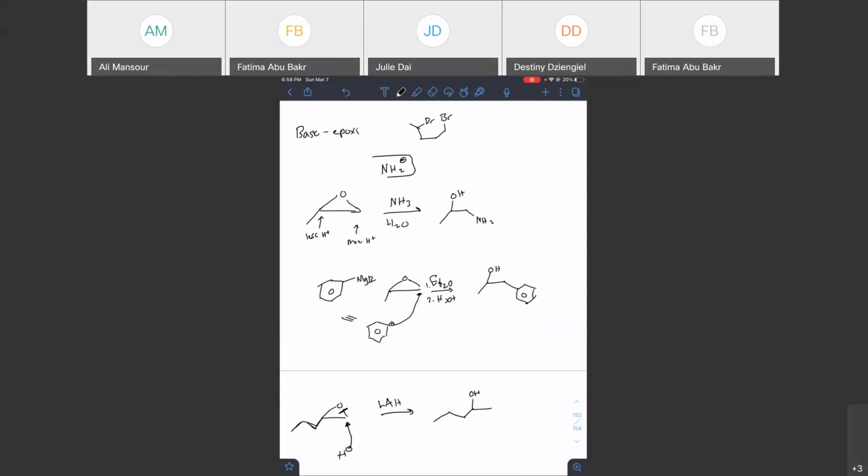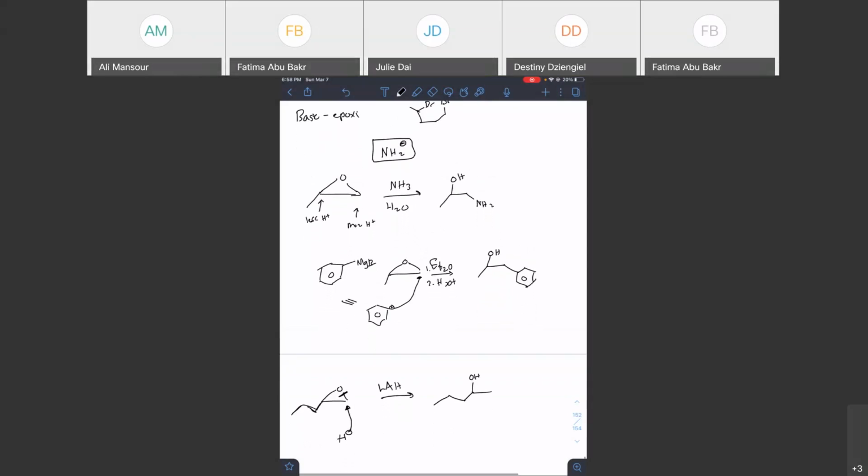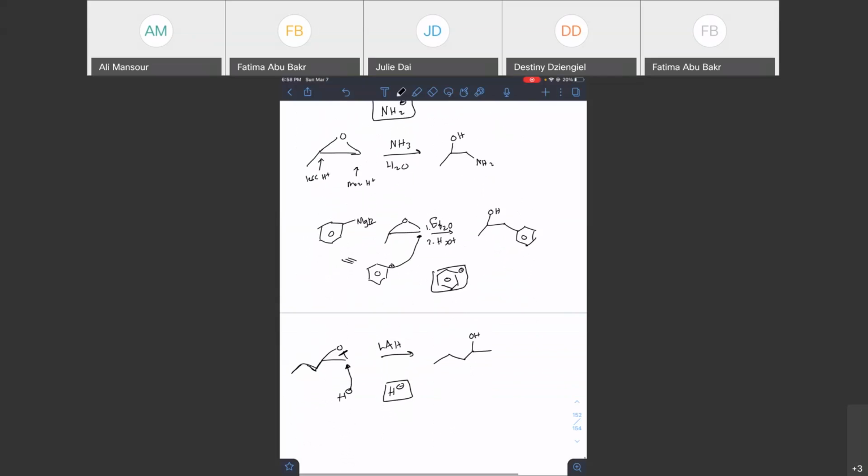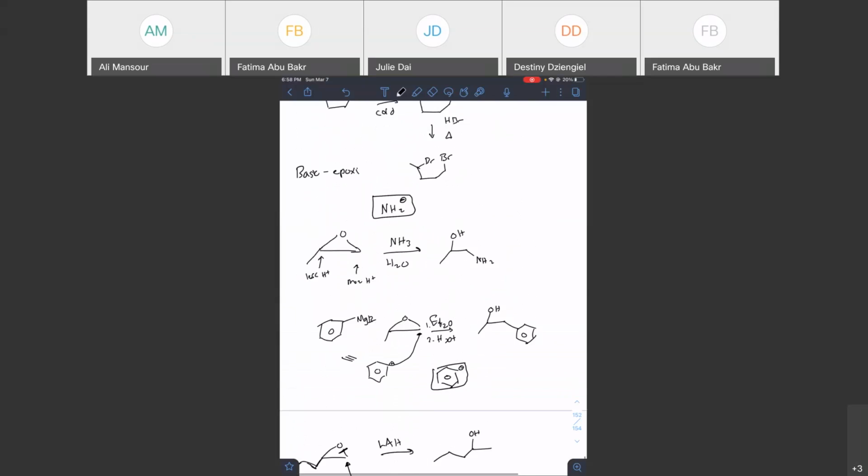In this situation, it was NH2 minus. In this situation, it was an aromatic ring minus, so again, a base. And in this situation, it was an H minus, so a base. So every time a base is reacting with an epoxide, it goes to the side with the most hydrogens, okay? So base goes to side with more hydrogens.